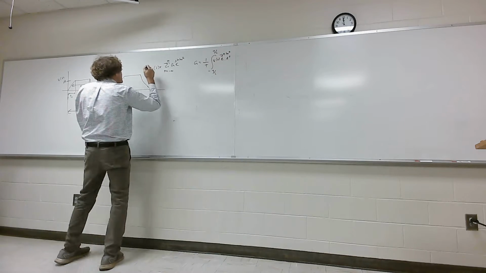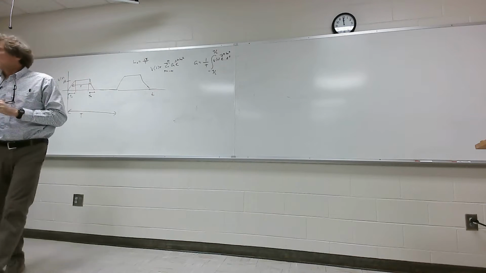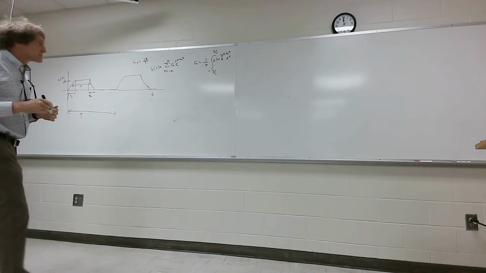Here omega naught is 2 pi over the period, the fundamental period. That's called the fundamental frequency. It's in radians per second; if you divide by 2 pi, it's in hertz, or cycles per second.